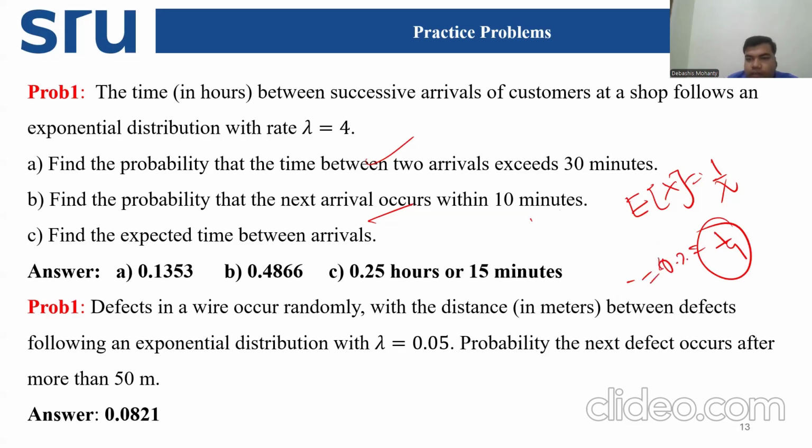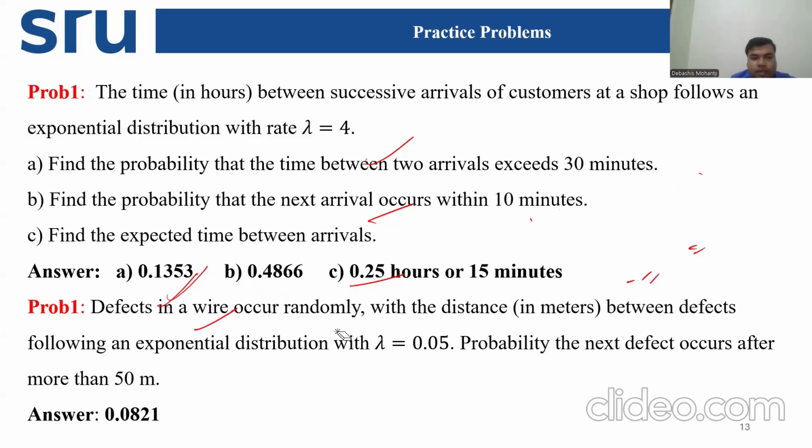To verify the answers: the first answer is 0.1353, the second answer is 0.48666, and the third answer is 0.25. This is about the first question.